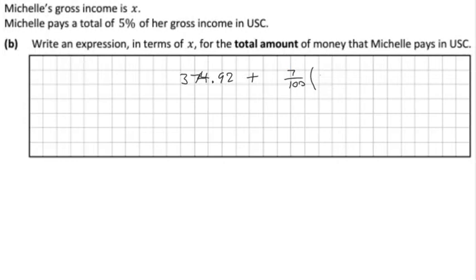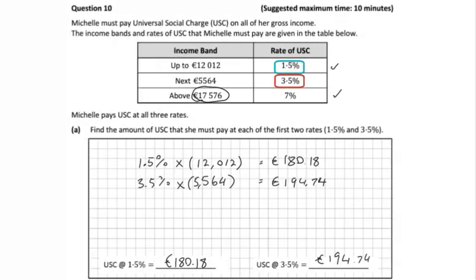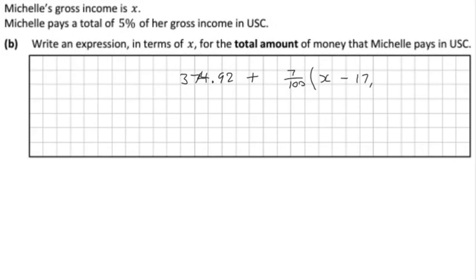So we'll just go x minus 17,576. All we need to do is multiply this out. We can call that USC. That's our total. We have the first two rates in here, and this is the third rate, and that's the bandwidth.